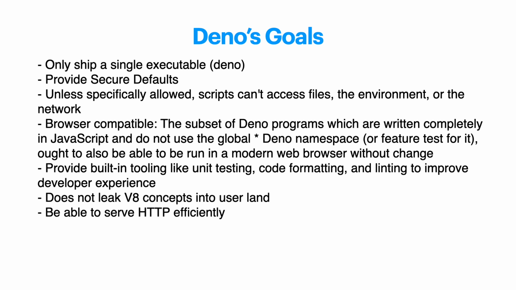The subset of Deno programs written completely in JavaScript, which do not use the global Deno namespace or feature test for it, ought to also run in a modern web browser without change. And it provides built-in tooling like unit testing, code formatting, and linting to improve developer experience. And it does not leak V8 concepts into userland and is able to serve HTTP efficiently.